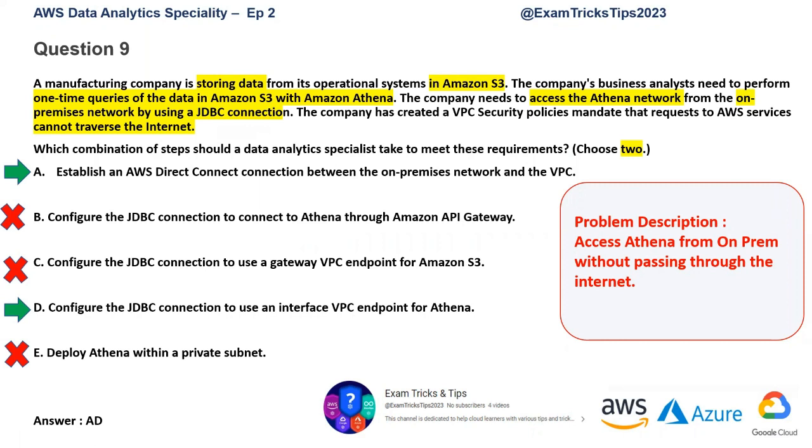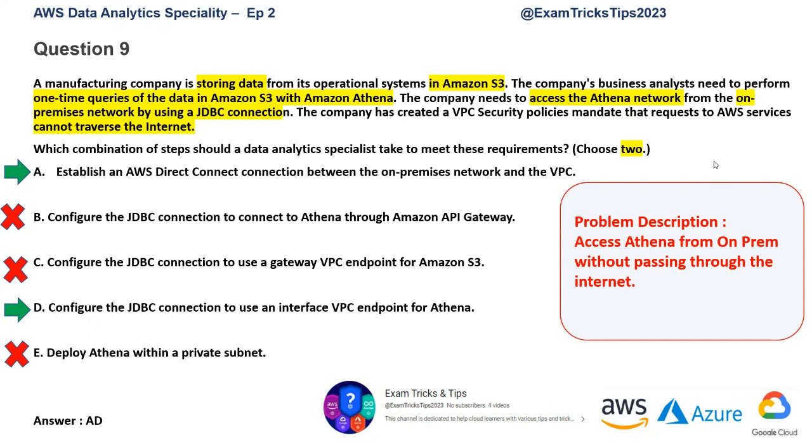There is no further way of eliminating and then getting to the answer for this one. For some questions, you need to know your subject. You need to refer to the right AWS documentation, and then based on that, choose your answer. So question 9, final answer, option A and D.